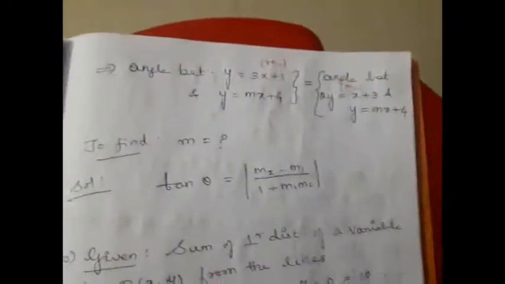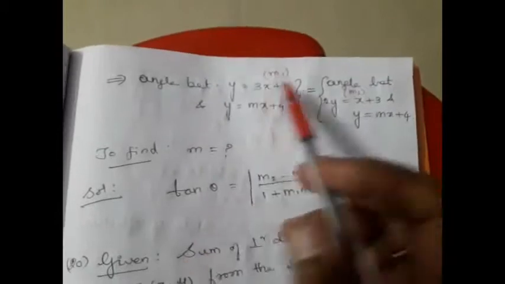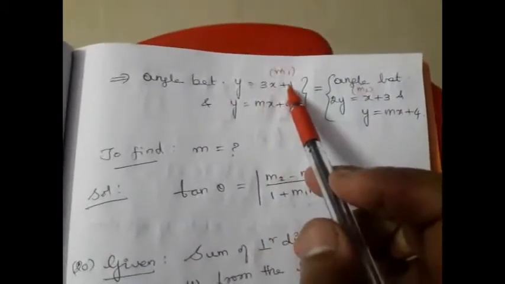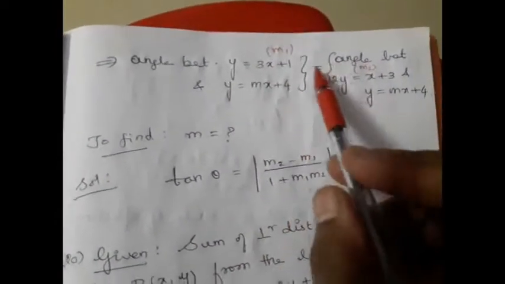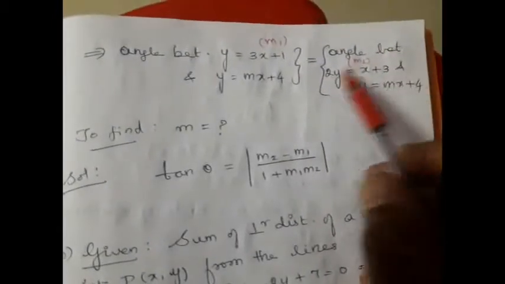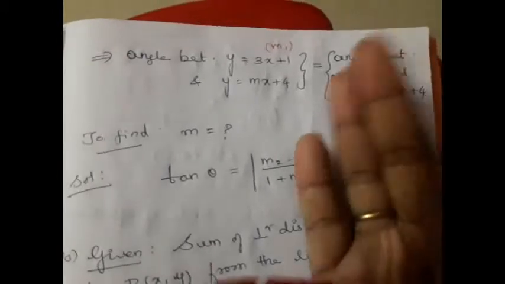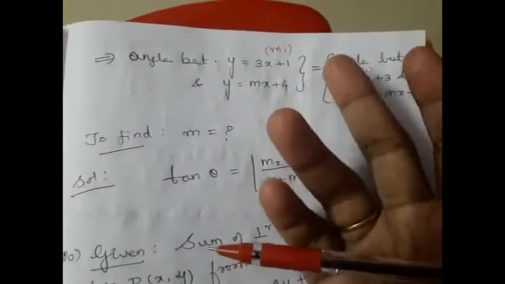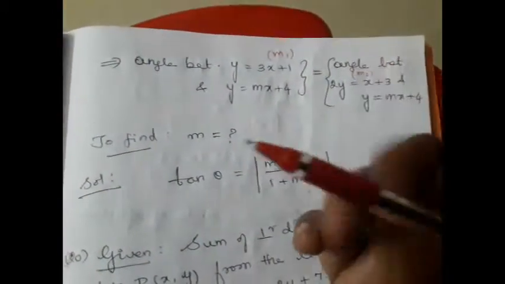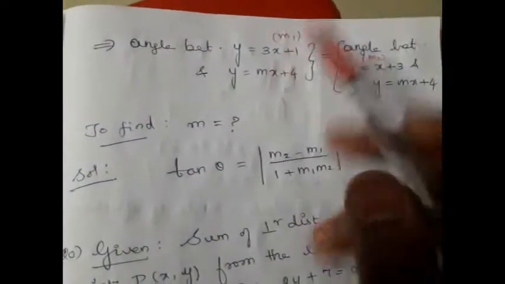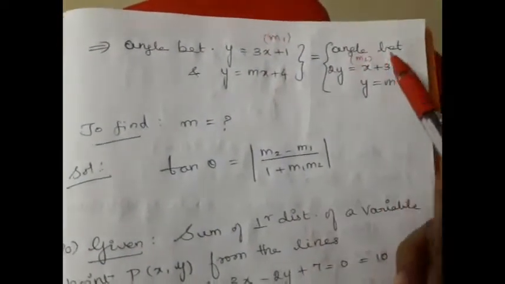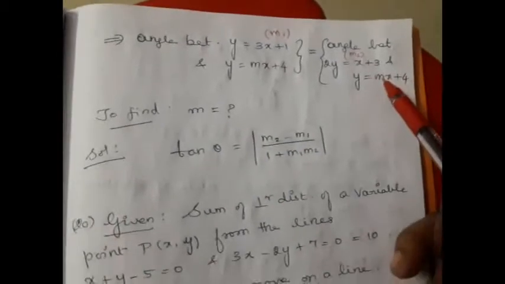Equally inclined means what? The angle between y = 3x + 1 and y = mx + 4 is equal to the angle between the other line and the common line. They have given you three lines in which the two lines are equally inclined to the third line. This means the angle between the first line and the third line is the same as the angle between the second line and the third line.